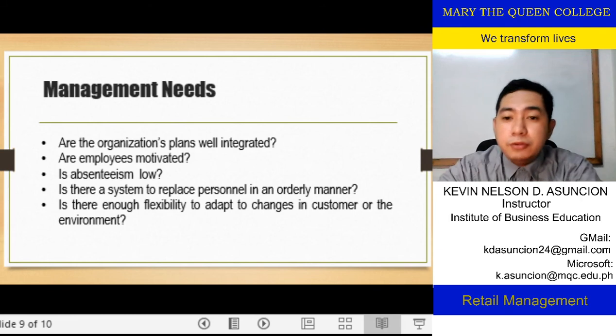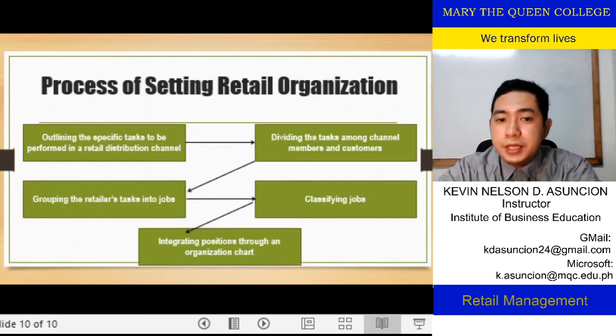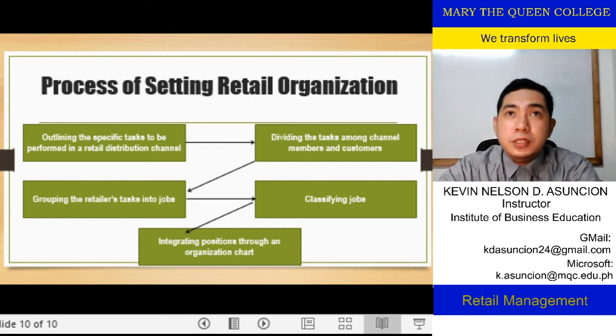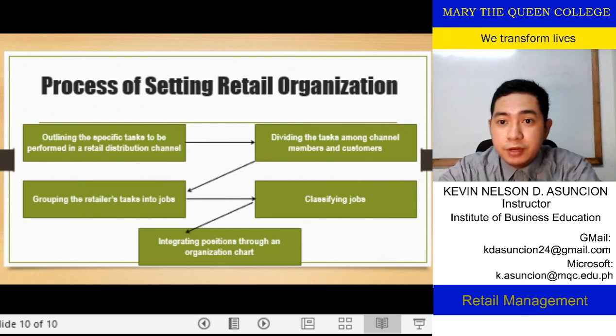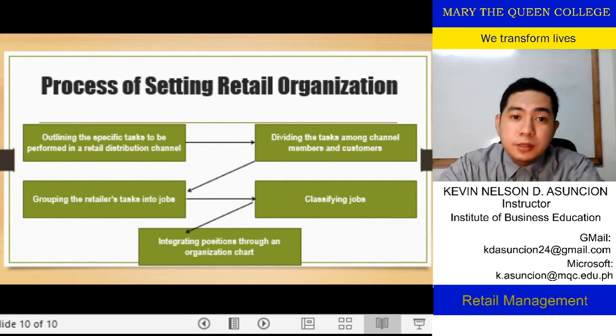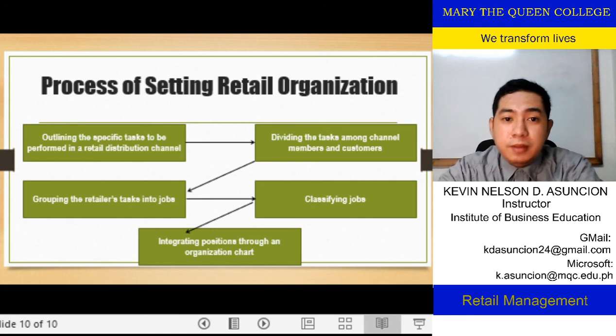So how does it look? How do you manage the organization? Of course, you need to set up a retail organization, and an organization is composed of a group of people. So you need to outline the specific tasks to be performed in a retail distribution channel. If you are managing inventory, you need someone to take charge of inventory. So dividing the tasks among channel members and customers: who will take charge of that?